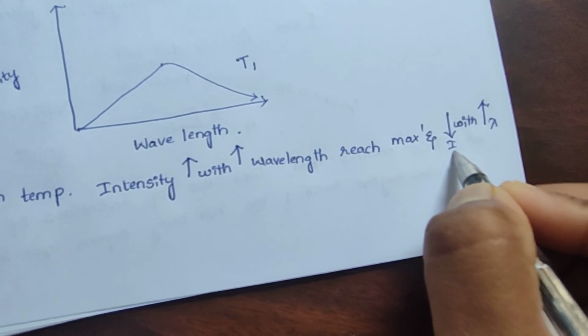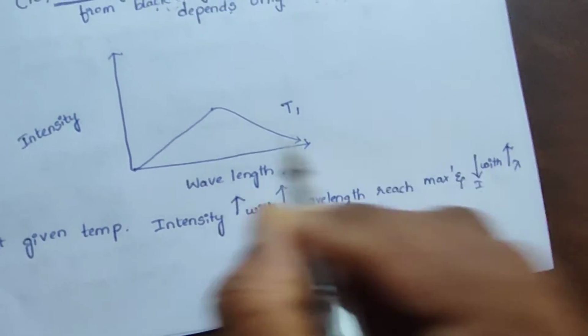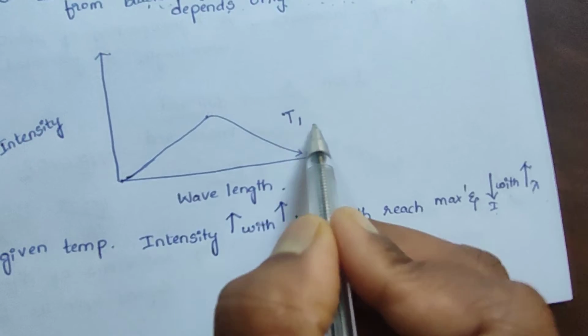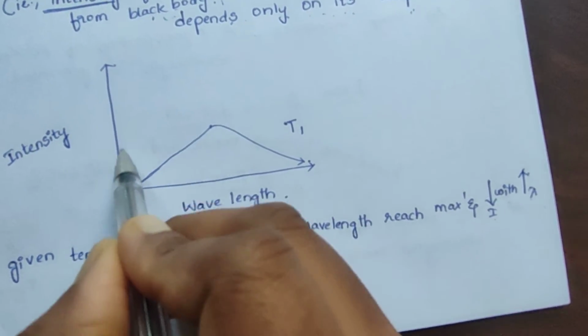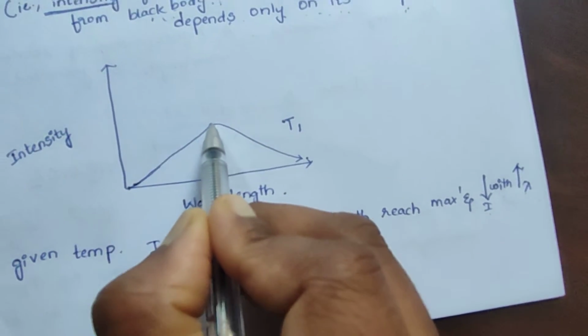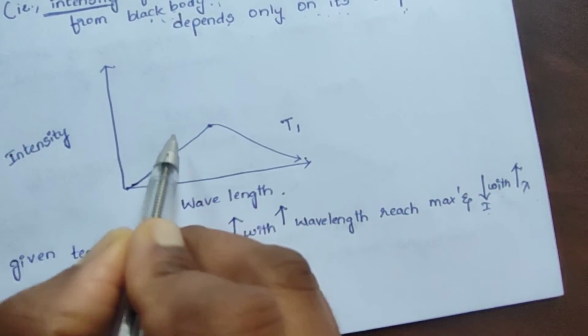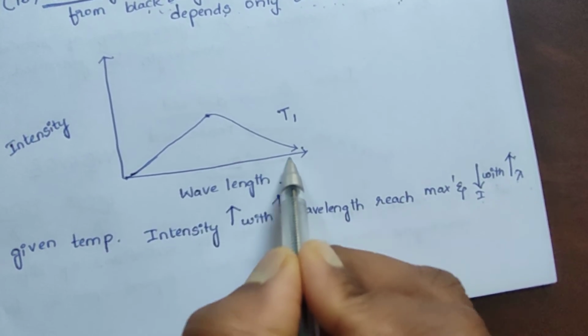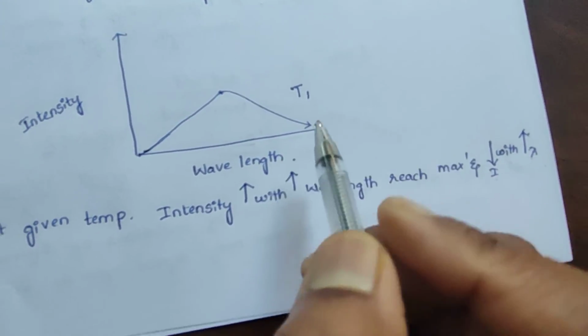So here see, at a given temperature, let's say at T1, intensity will increase with the increase in wavelength, reach a maximum point, and then intensity will decrease but the wavelength will be in increasing order.